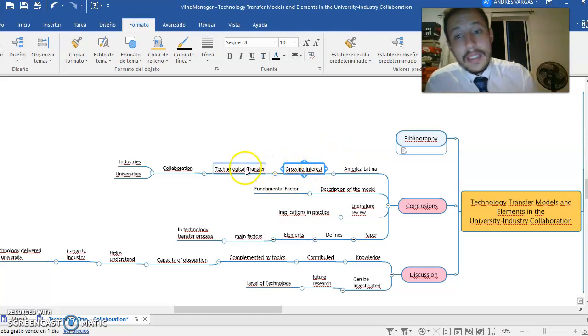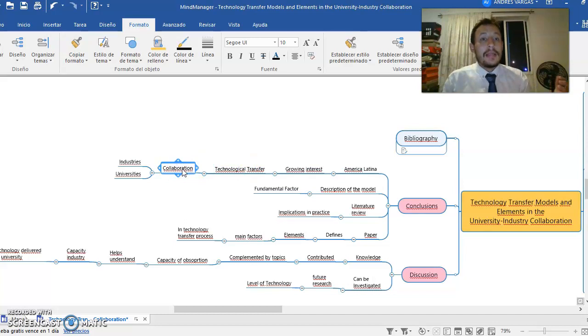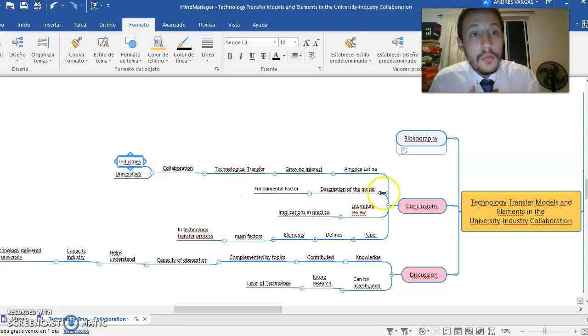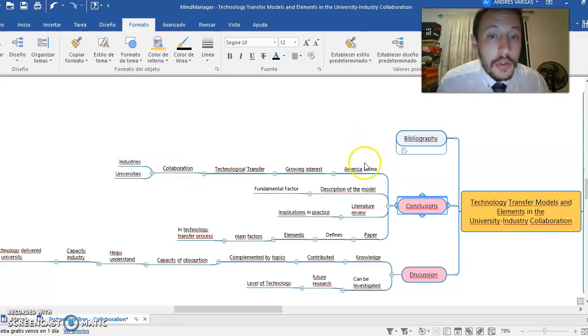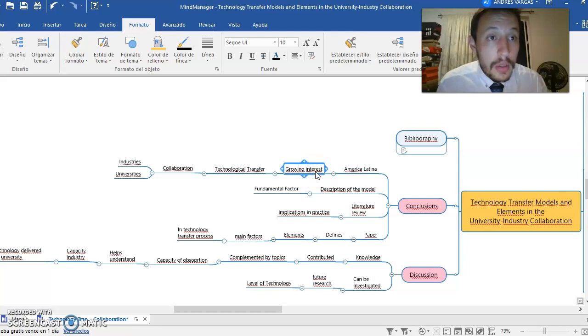That interest is based on technological transfer of what? It means the collaboration between the universities and the industry has been growing. That's the conclusion. And also, it's really proud to be Latin American, with the documents and reviews about the collaboration of the universities and the industry for technological transfer growing.